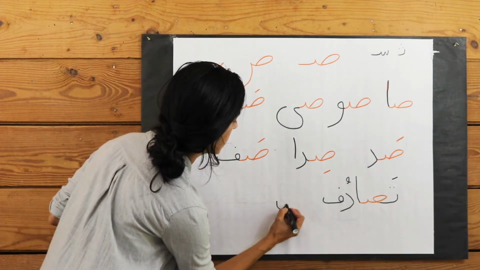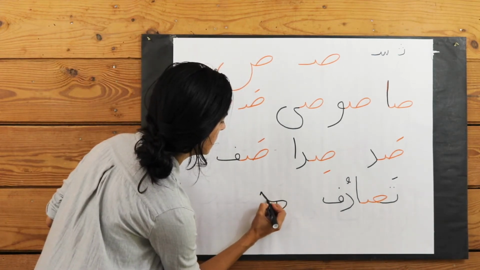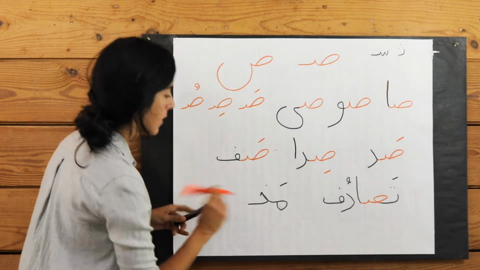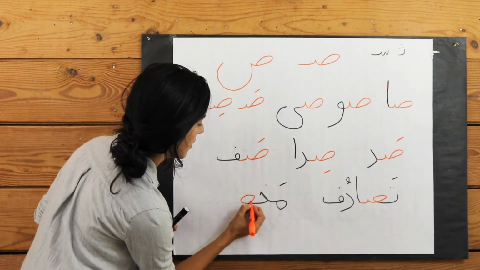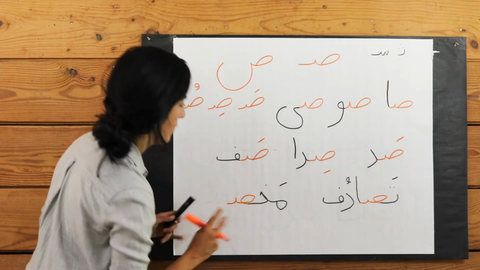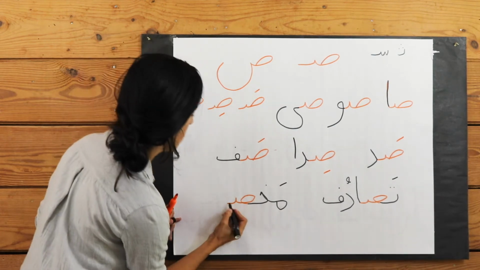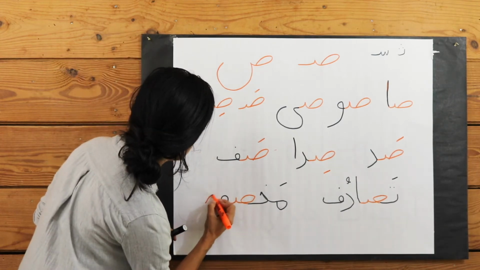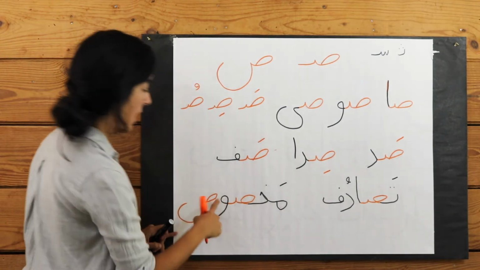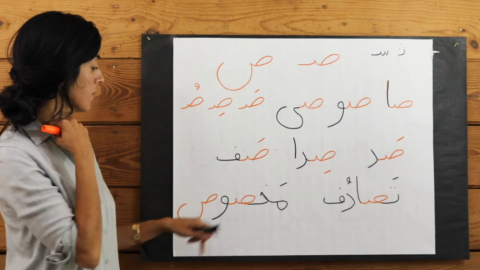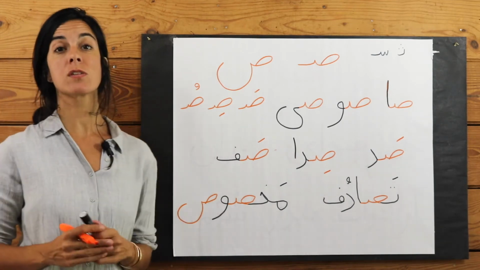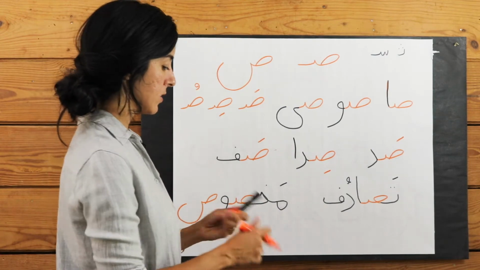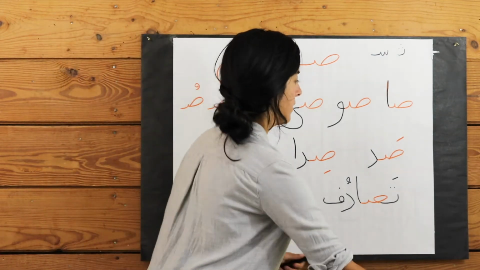That would be a nice thing to do. Because at this point, it should be pretty clear to you how to write these things. It should be easier. So this one has two ses, and we're going to see that capital se, big se, used. And this is makhsus. Makhsus means special.